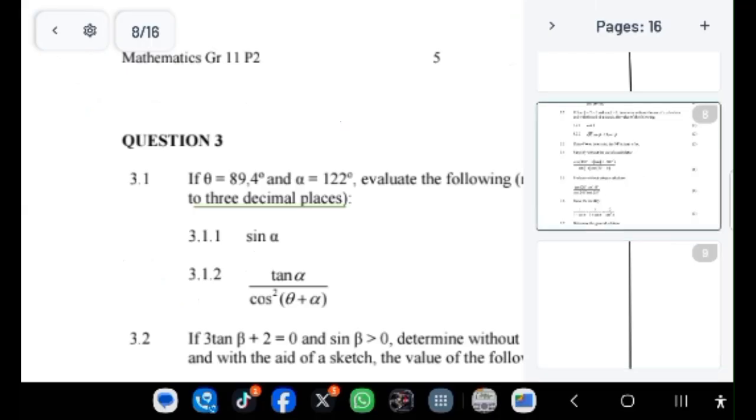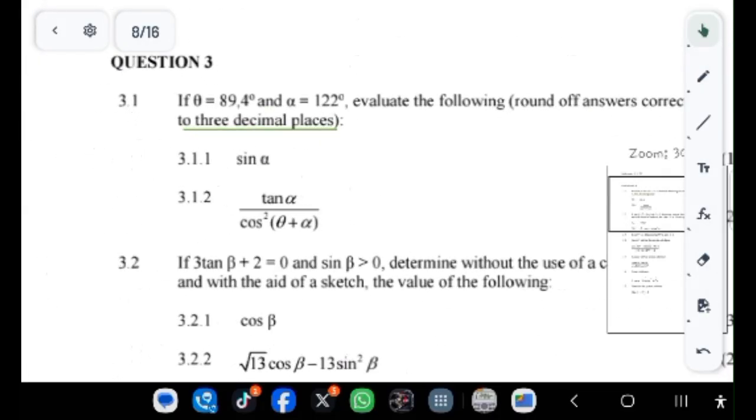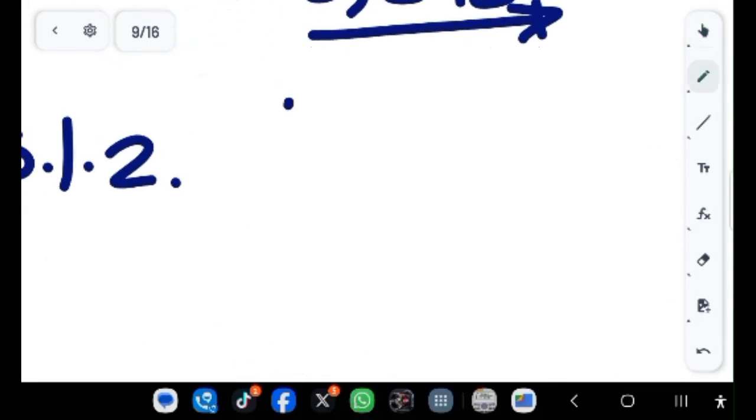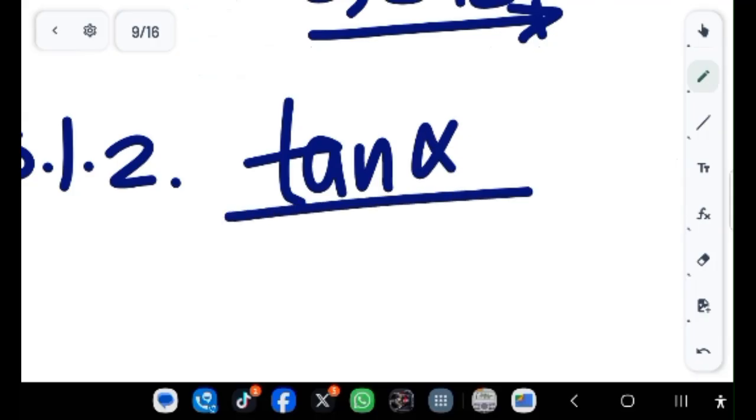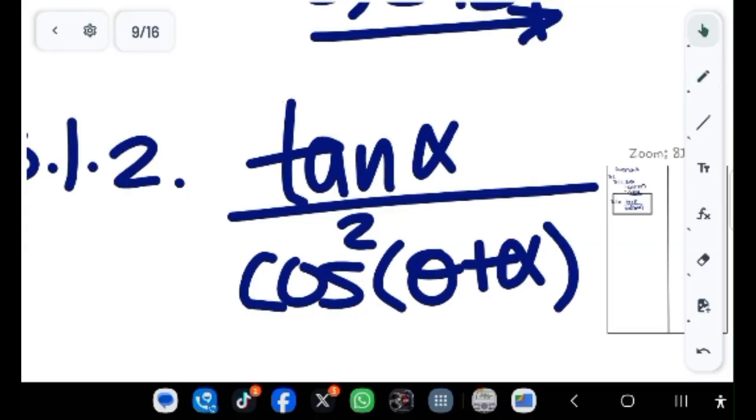3.1.2. Here we're supposed to calculate tan of alpha over cos squared of theta plus alpha. Tan of alpha over cos of theta plus alpha, and that must be squared.